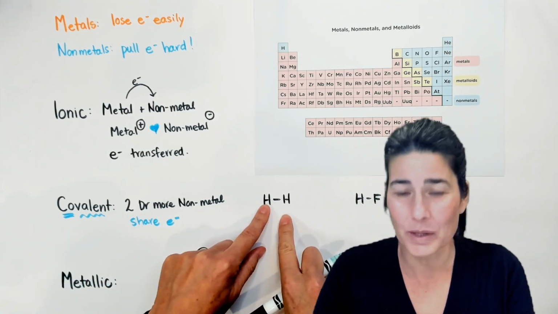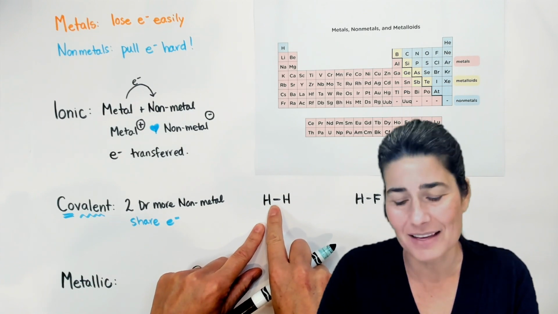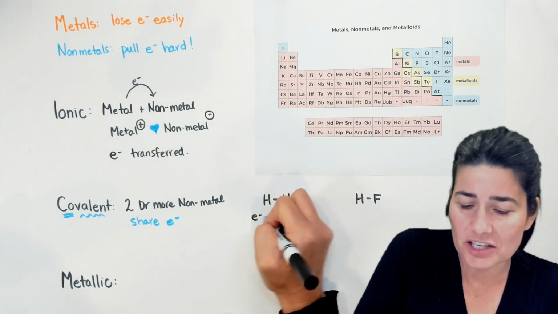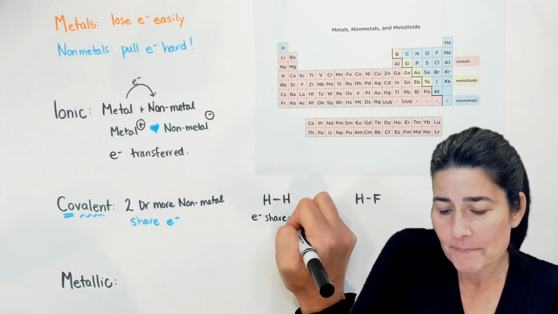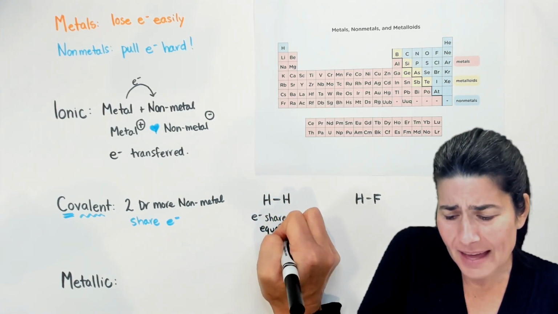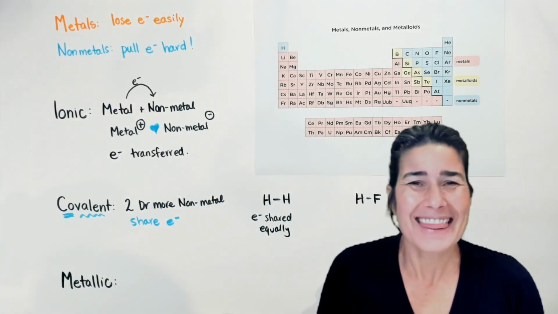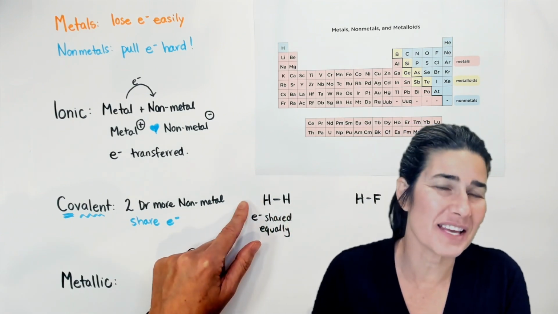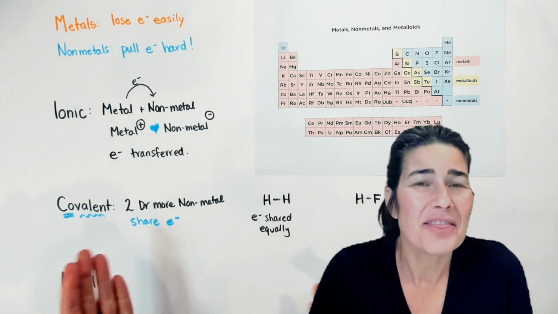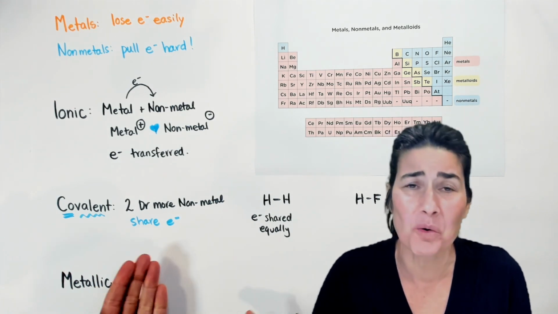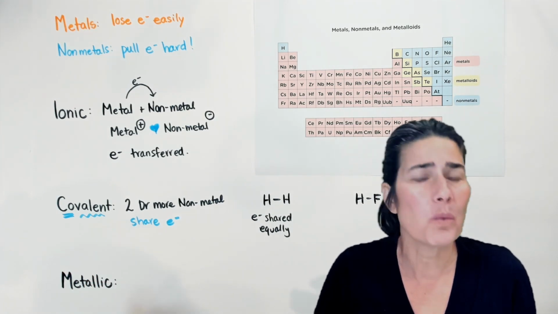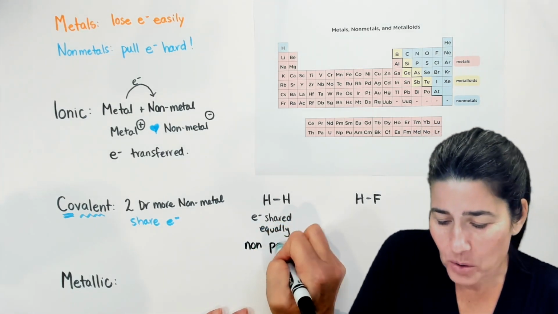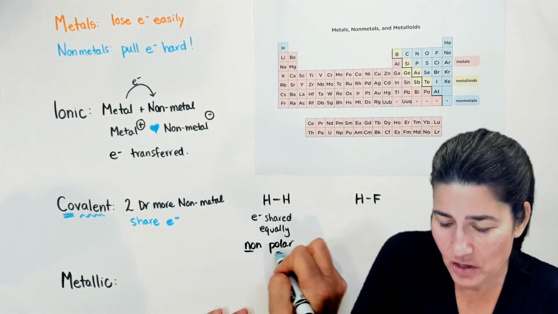Now this H would not pull on the electrons in this bond any harder than the other H. So if the electrons are shared completely equally, then those electrons are not pulled towards one side versus the other. They're shared completely equal. There is no pull in one direction or another. No pull, we call that type of covalent bond nonpolar. A nonpolar covalent bond.